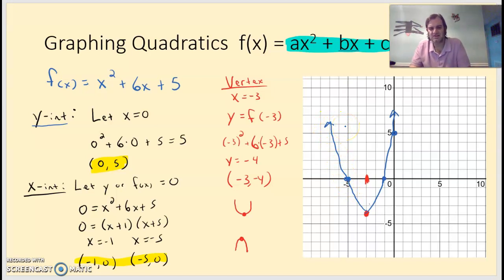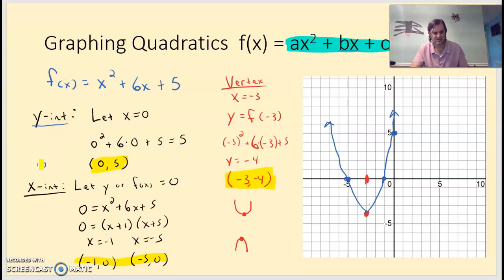So I've found two characteristics that I can find for any quadratic or any function, the y-intercept and the x-intercept. And then we found this other characteristic that we're going to call the vertex that is fairly unique to quadratics. And that gave me enough information to graph it all together.